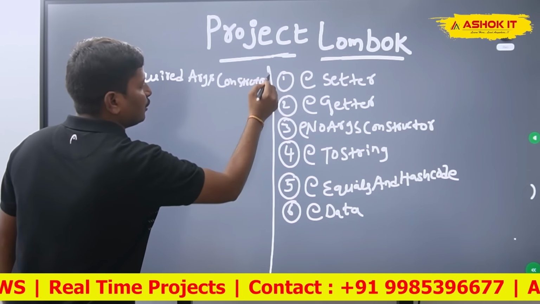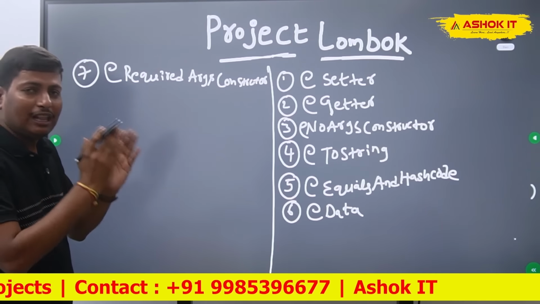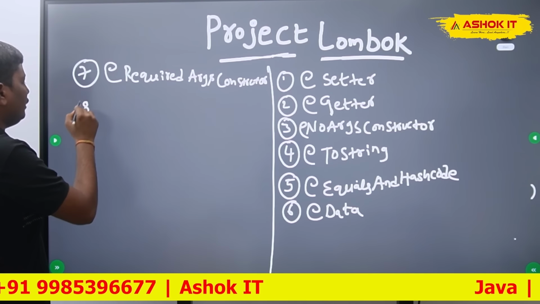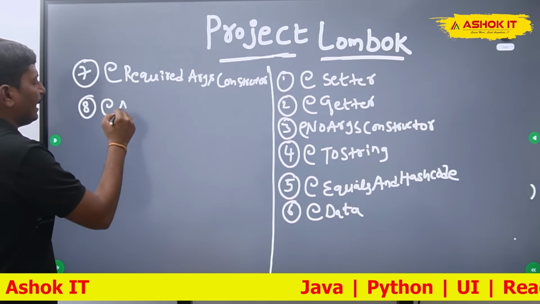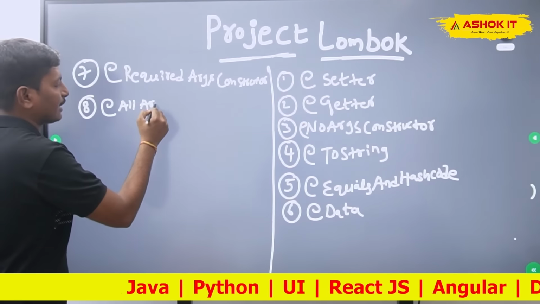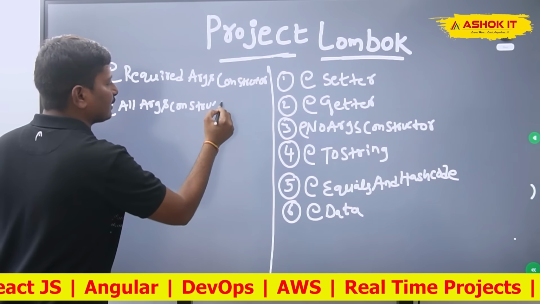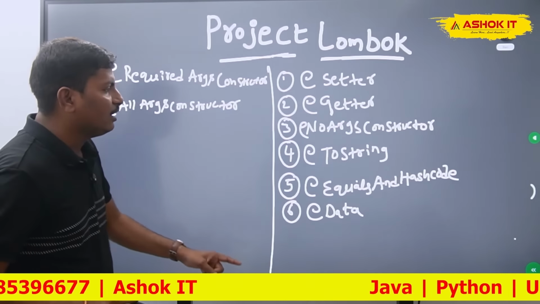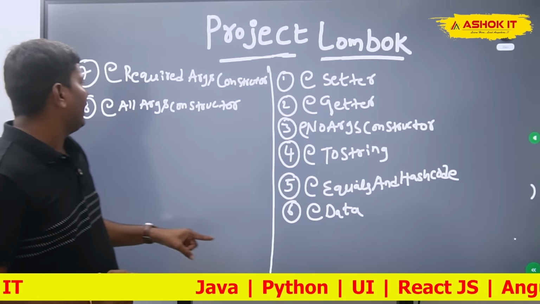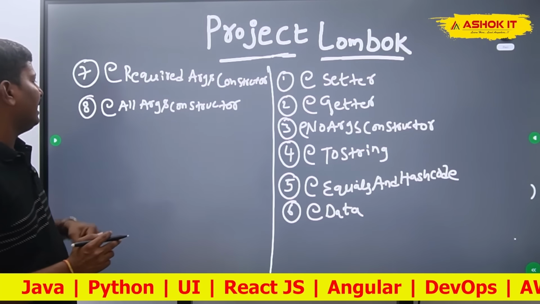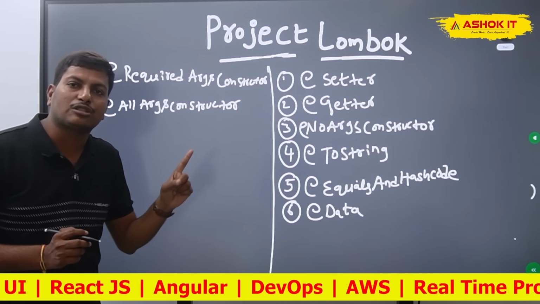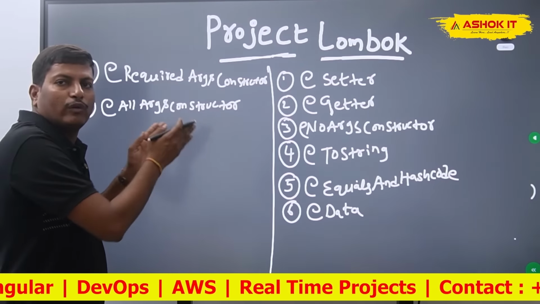Okay, suppose if you want a constructor with all the variables in the class, then you can use an annotation called @AllArgsConstructor. So here no args constructor, required args constructor, all args constructor is also available. Depends on the requirement, we can use them.